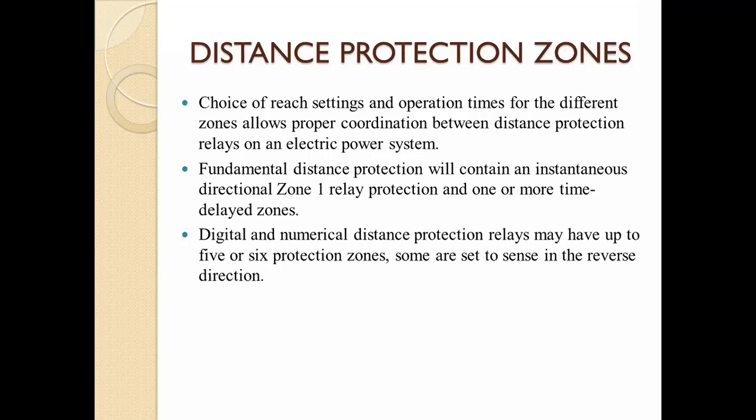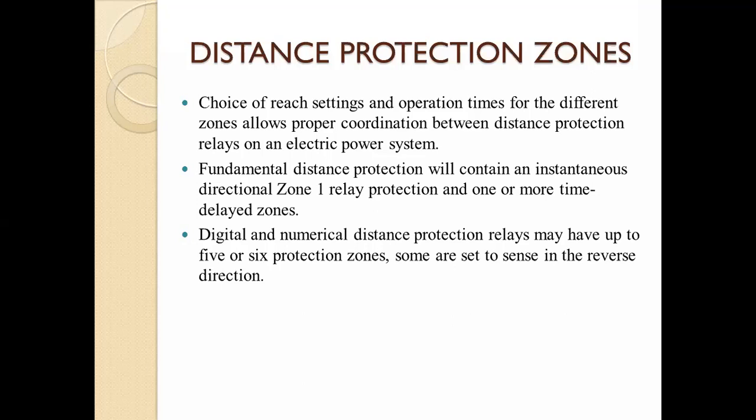This distance protection zones, we have already seen the zones of protection, then we have seen the primary protection and backup protection. These are the types of protection. And when we are considering the zones of protection, all the zones overlap. But actually when we are considering long transmission lines and any fault is occurring, that time we are considering different zones, and whatever area is covered is expressed in percentage.